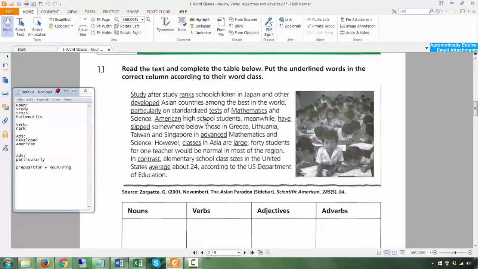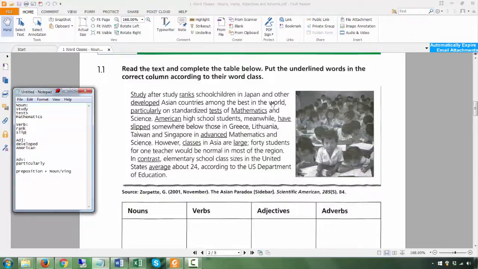So anyway, this is your subject, this is your verb in tense. "Have slipped" is actually the present perfect simple tense. That's the fifth tense you're going to learn out of the six in my videos. So "have slipped", that of course will be a verb, and the verb basically is "slip".